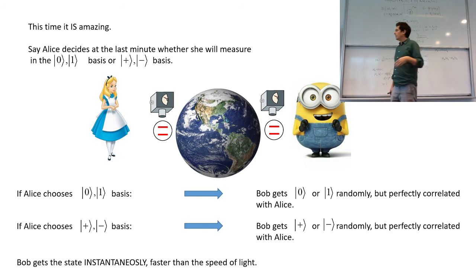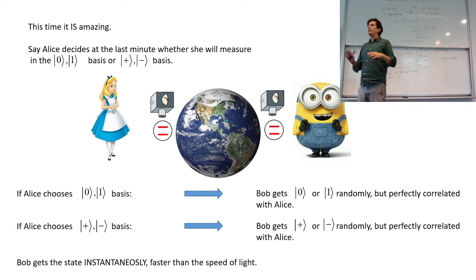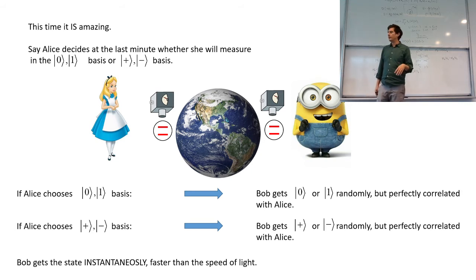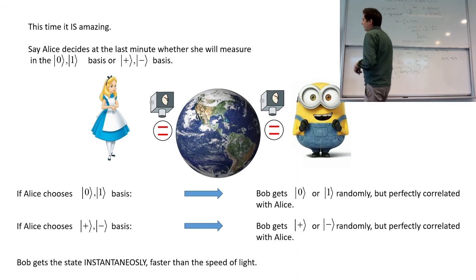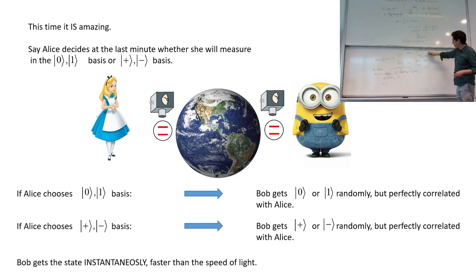She totally unpredictably changes to either one. So if Alice chooses this basis, then Bob will get either a 0 or 1. But if Alice does the plus minus basis, then Bob will get plus or minus.